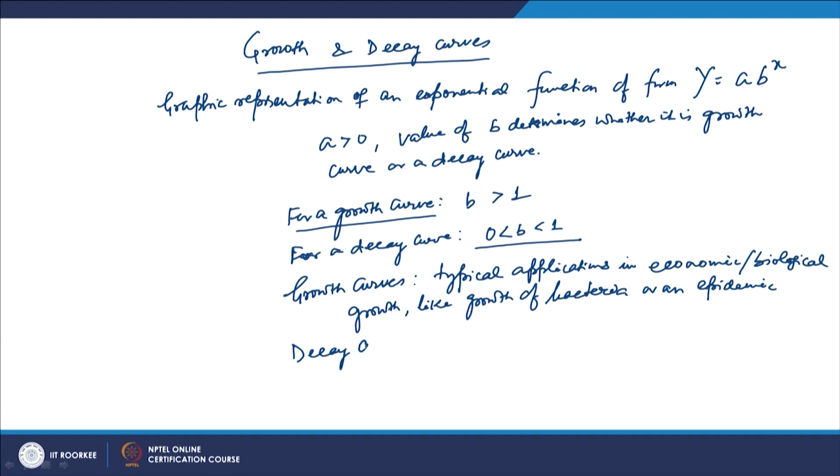Similarly, you may have applications of decay curves also, like economic decline or infant mortality. In all these cases, we normally use these growth or decay curves, which are very much used in practice in economic cases.